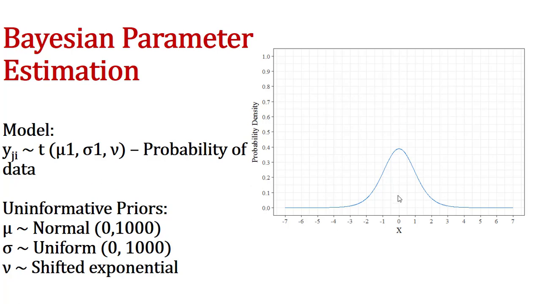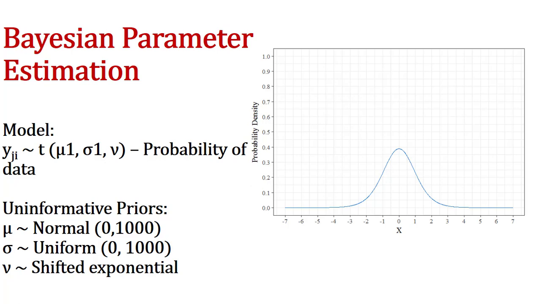Okay, so basically based on those priors, sorry, this is not the priors, this is the probability of the data as shown here. So based on that probability distribution, we can obtain how likely it is to observe each of the 100 values we observed in each of the groups.